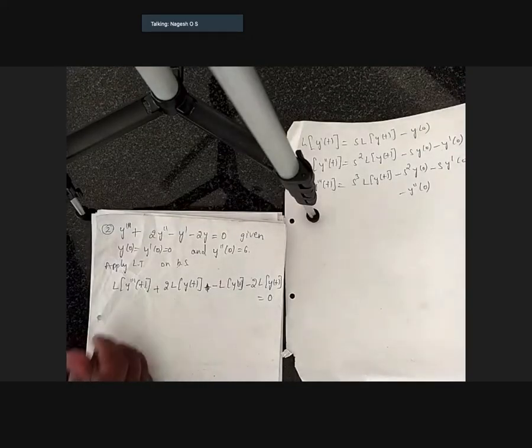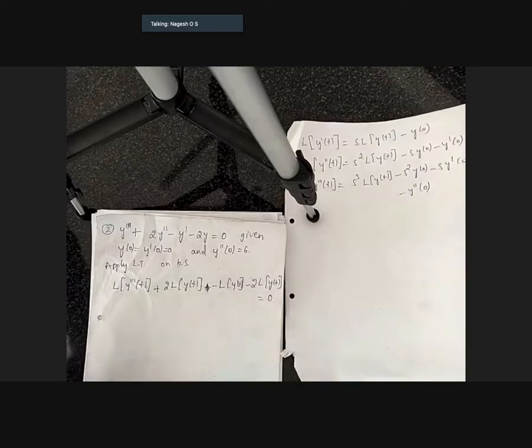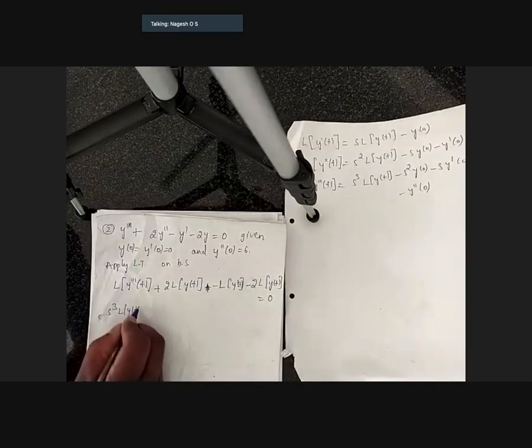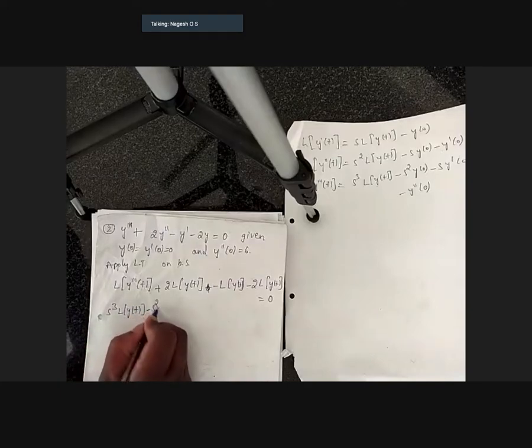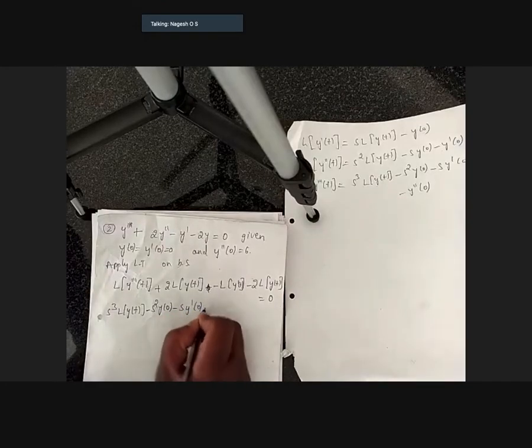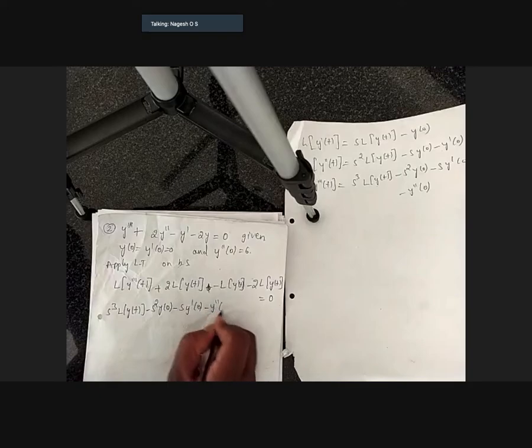Laplace transform of y triple dash we have here: s cube L of y of t minus s square y of 0 minus s y dash of 0 minus y double dash of 0.